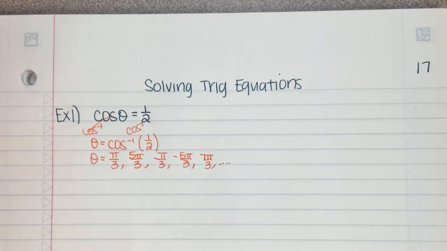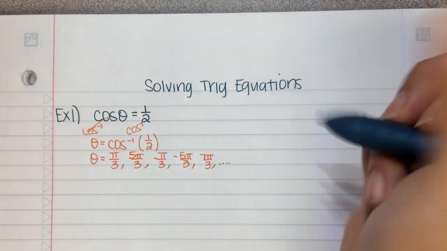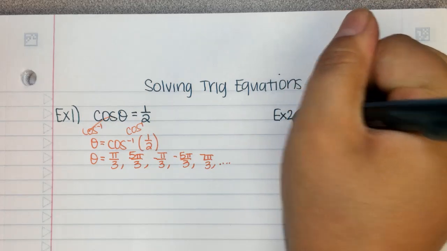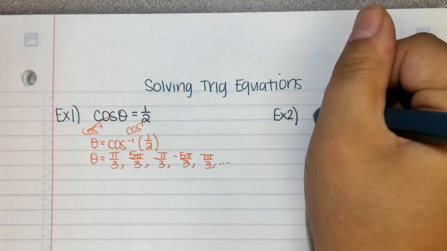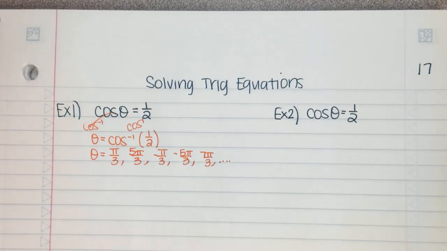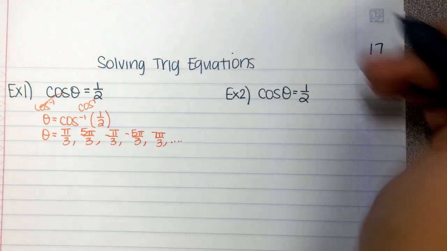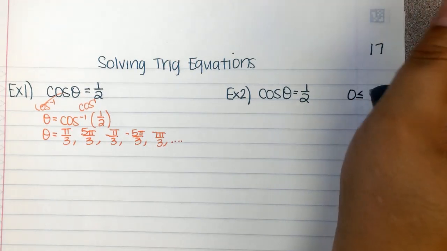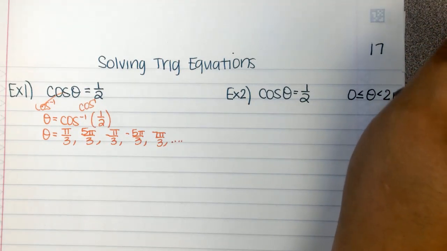I gave you, last unit, a green circle. And that restricted you to the principal inverse cosine function. We are not going to use that green circle anymore. We are going to go back to the pink circle. So for example 2, if I ask you for the cosine of theta equals 1/2, but I'm going to tell you this time, hey, your theta is between 0 and 2 pi.